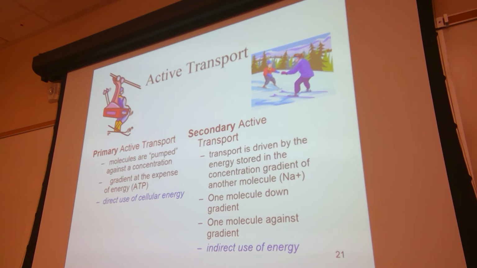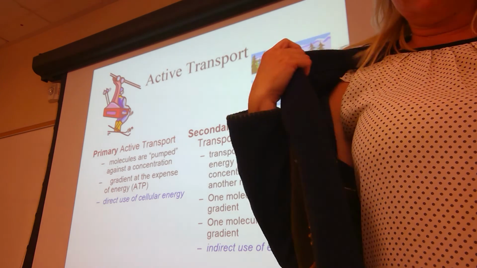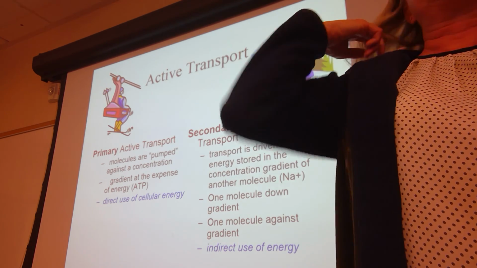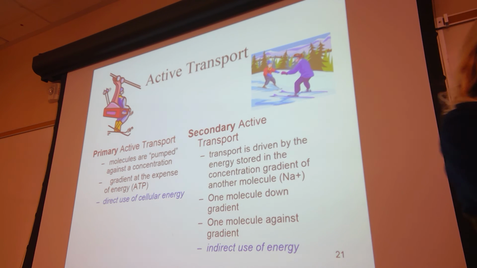Now, what about active transport? This is going to require, in one type called primary active transport, cellular energy, ATP. Secondary active transport also requires ATP, but indirectly, not directly.